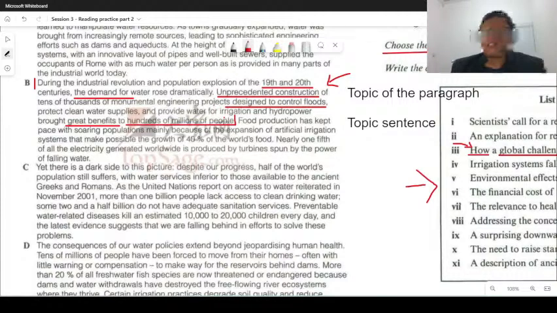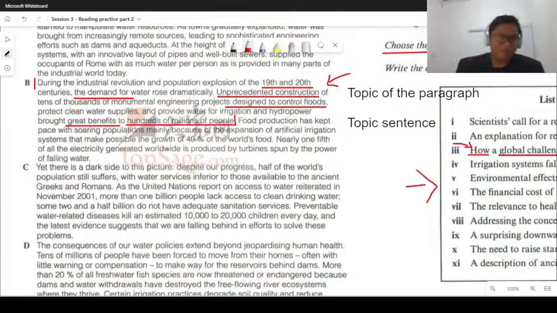That's the topic sentence. It talks about the unprecedented construction, how they managed to meet that demand, etc., and also the global challenge part is there. So that is where the answer vindicates itself. So that's how you make sure 100% that your answer is correct.